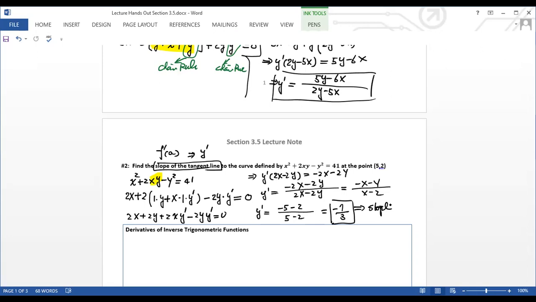So if you have something like x times y, then don't forget this is a multiplication of two functions of x together. So you need to use the product rule, right? Then every time you take the derivative of the y, don't forget to take the y prime. That's the chain rule here. All right. Okay, that's it.